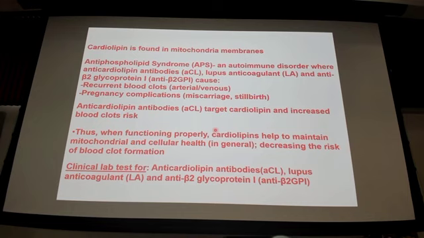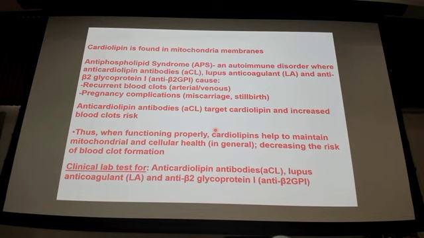How it does it is a complicated and involved process, not fully studied, but there's a condition called APS, antiphospholipid syndrome, where a patient has an autoimmune issue that creates antibodies against cardiolipin, lupus anticoagulant, and another glycoprotein. That would cause the recurrent blood clots and the spontaneous abortions or spontaneous stillbirth that I mentioned yesterday.